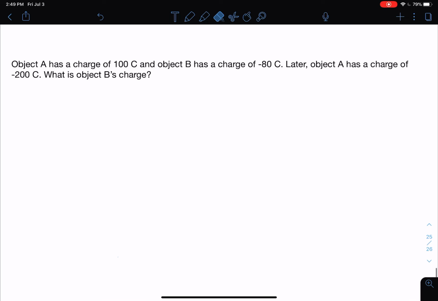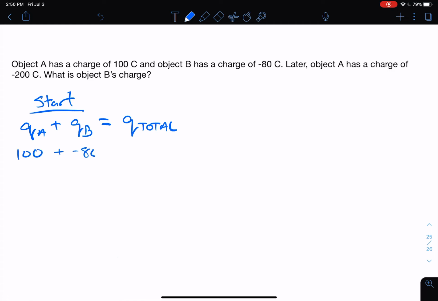Okay, so at the start, I have object A, and we'll assume this is a closed system. So if I add those together, you get the total amount. Object A has 100 coulombs, B has negative 80. That, of course, is 20 coulombs, and that is the total charge.